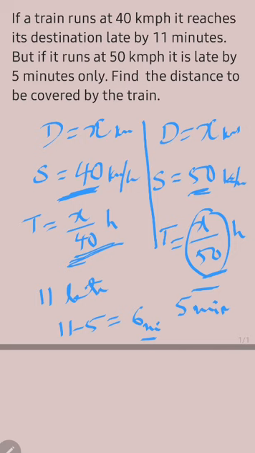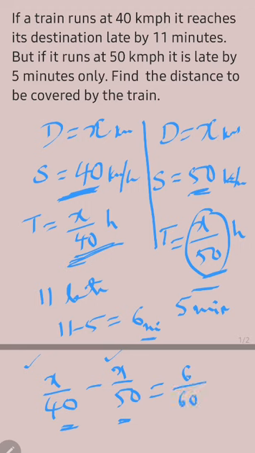That's the reason it is x by 40, you write it here, minus x by 50. The time difference: the time taken by the first train minus the second train is equal to 6 minutes. But these two are in hours, so we do not write 6 minutes, we write 6 by 60. We have to write in hours only. So this is the final equation we got.